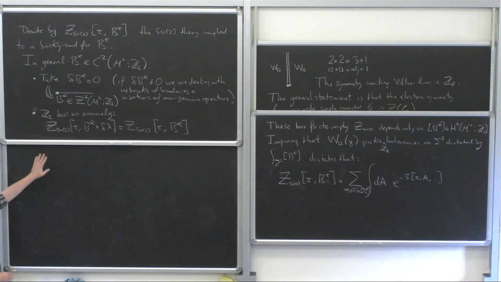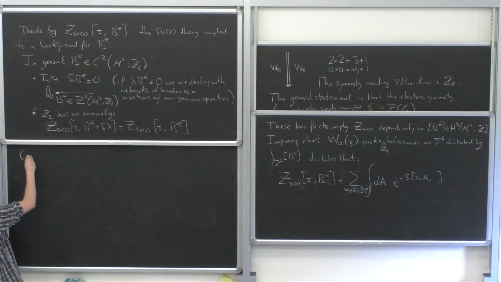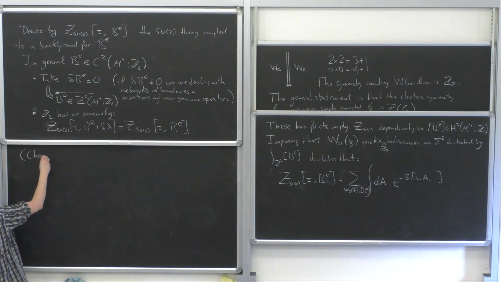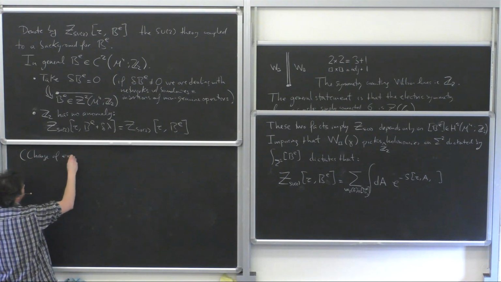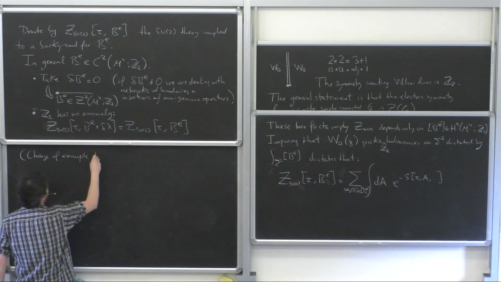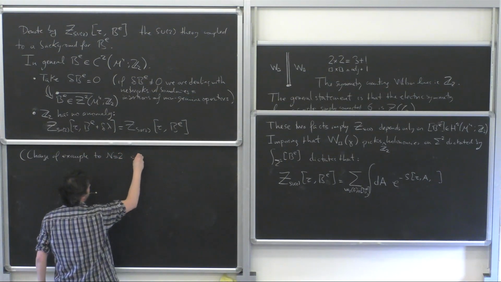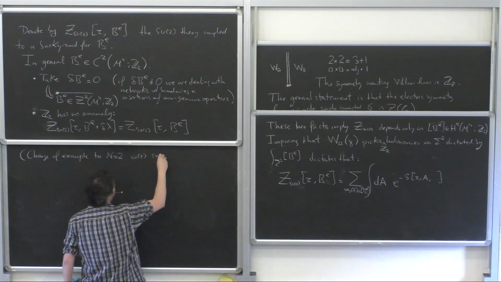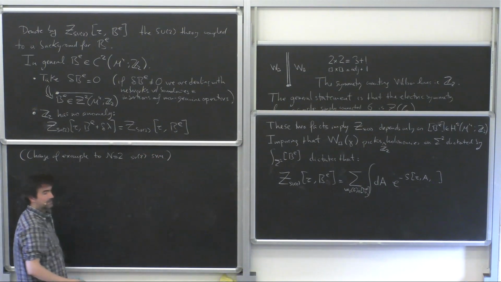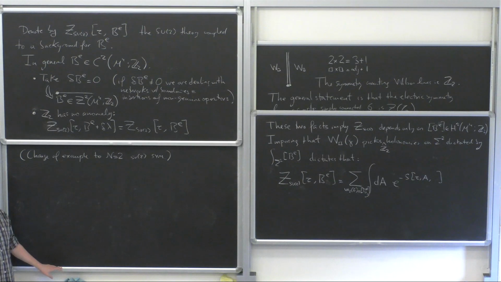So I'm going to change just for this board, I'm going to change my example to N equal to 2 SU2 super-Yang-Mills. So this is the pure super-Yang-Mills theory that you studied with Eli in the last few lectures.